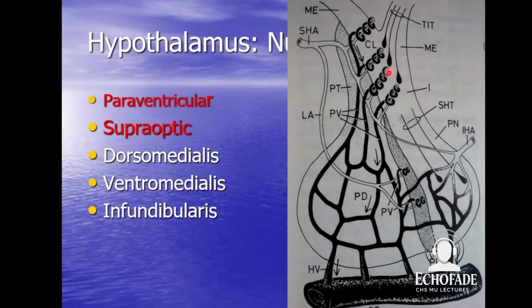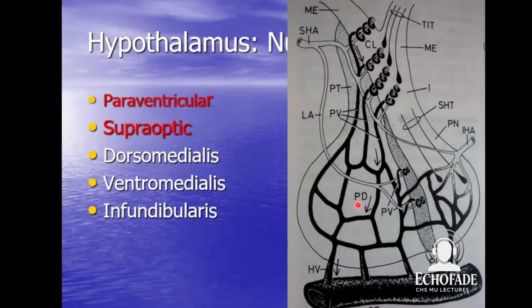The primary capillary plexus picks up those hormones, also called releasing hormones or inhibiting hormones. The releasing hormones are also referred to as liberins. The inhibiting hormones are referred to as statins. The primary capillary plexus picks them up and transports them to the adenohypophysis through the hypophyseal portal system.